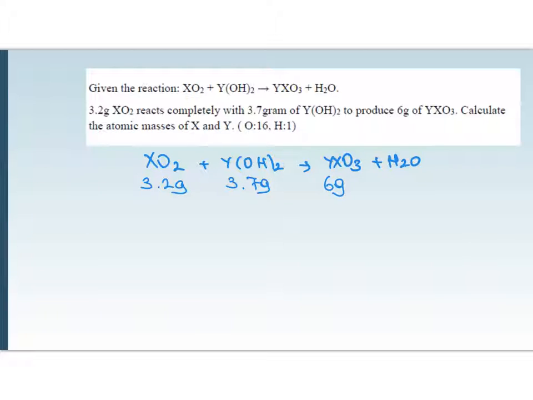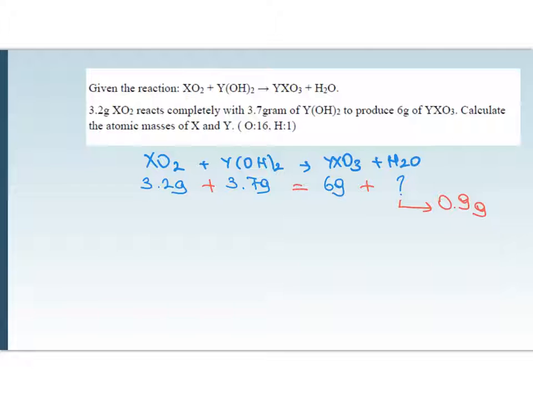Now what is missing here? The mass of water is missing. So we use the law of conservation of mass, and you just equalize them like this. If you find the missing mass, it is going to be 0.9 gram.